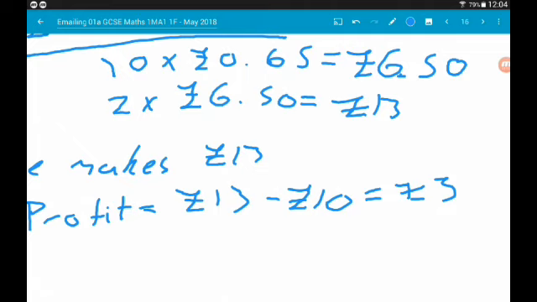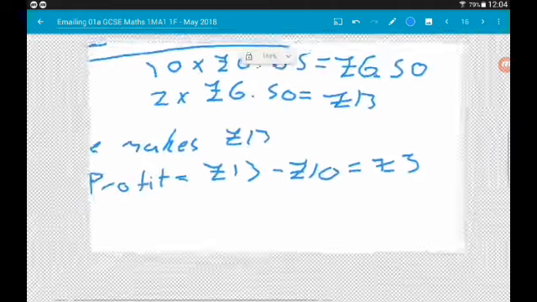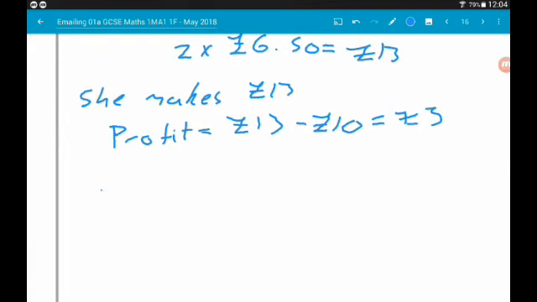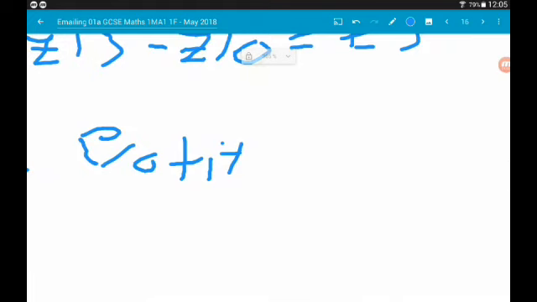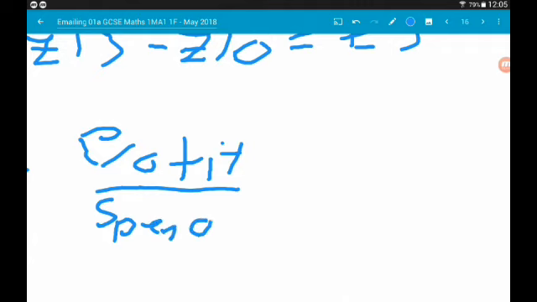We want percentage profit. So percentage profit is the profit divided by the amount she spent, times 100.